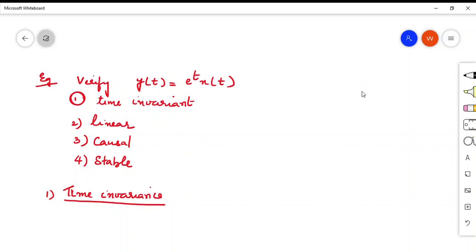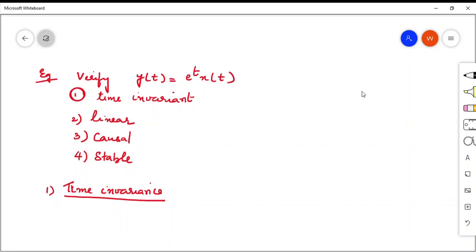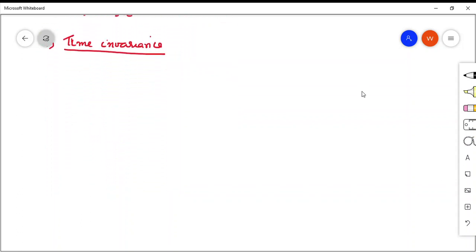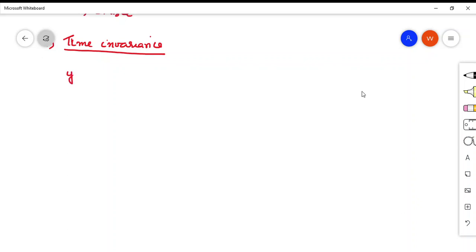Now there is a systematic procedure by which you can verify whether the system is time invariant or not. For that, first you have to take your input. Your given system is y of t is equal to e raised to t x of t.